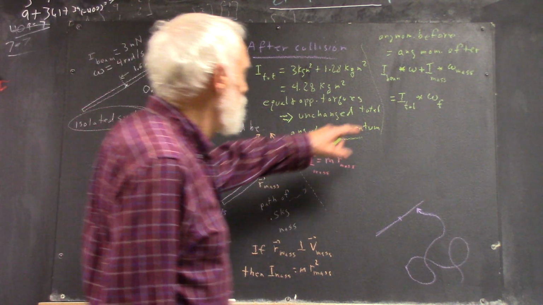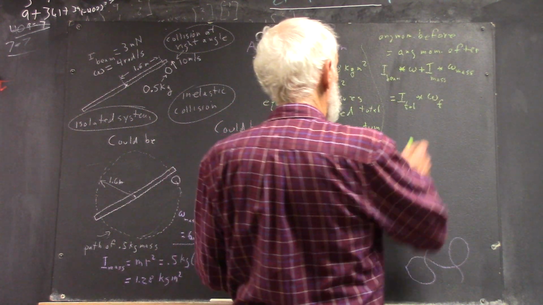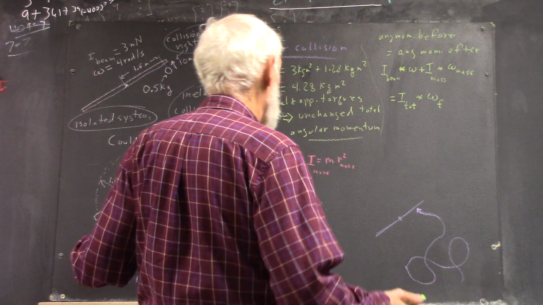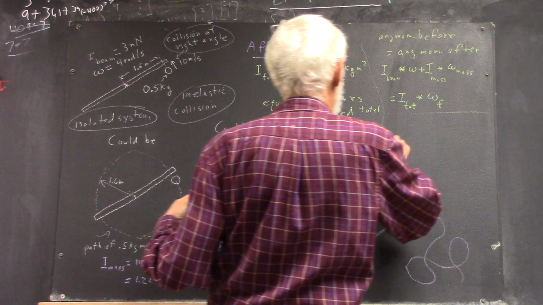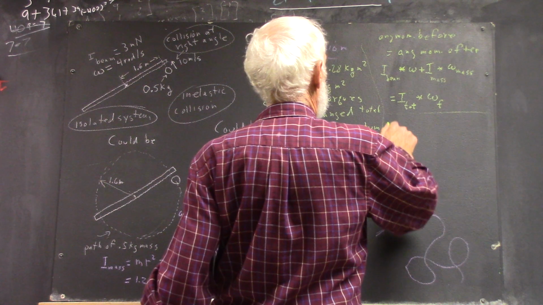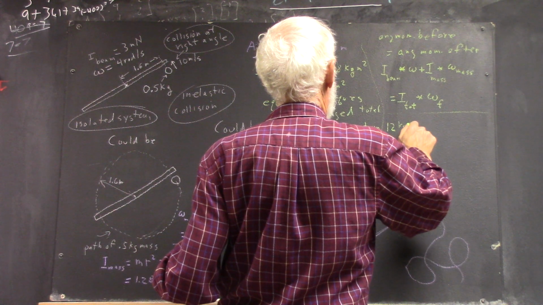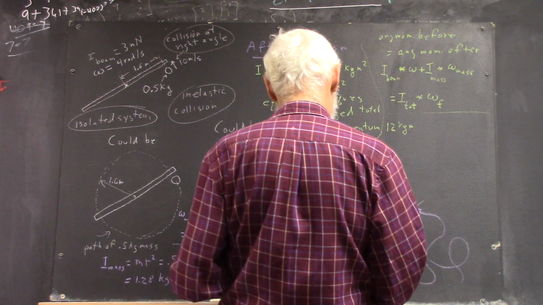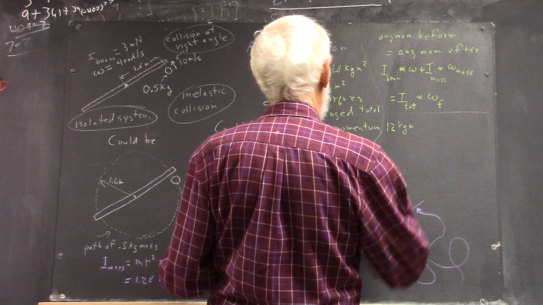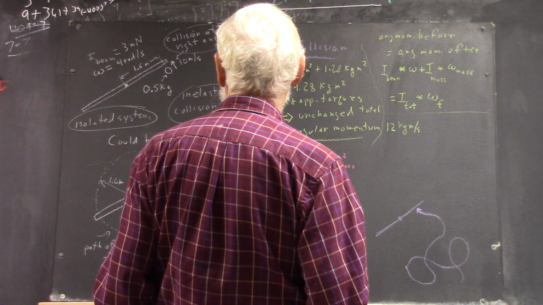Okay, so now we know everything on the left side, and we know the total moment of inertia, so we're going to easily be able to solve for the final angular velocity. Okay, moment of inertia of the beam times omega is 12 kilogram meters per second. There's something wrong with that.